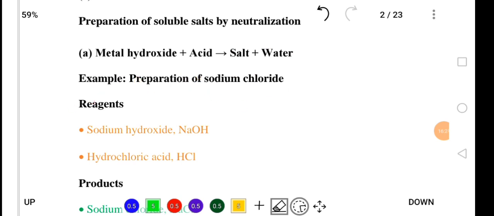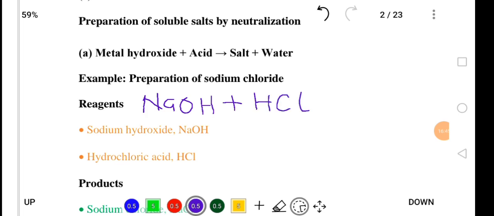We understand that when we have sodium hydroxide like this, reacting with hydrochloric acid, this substance in aqueous state will ionize to form a hydrogen ion and a chloride ion.